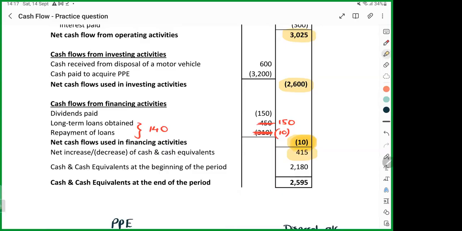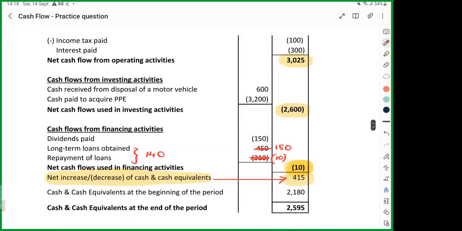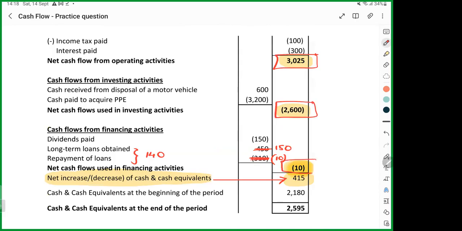Now these terms are very important. We call it net increase or decrease in cash and cash equivalent. That is the total of three types of cash flows: operating cash flows, investing cash flows, and financing cash flows.